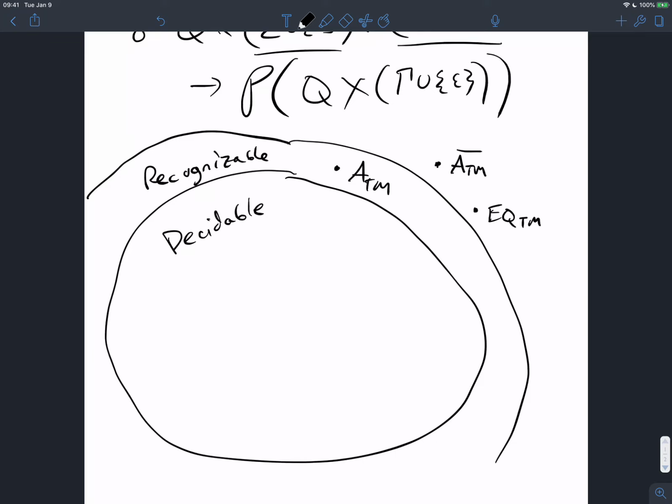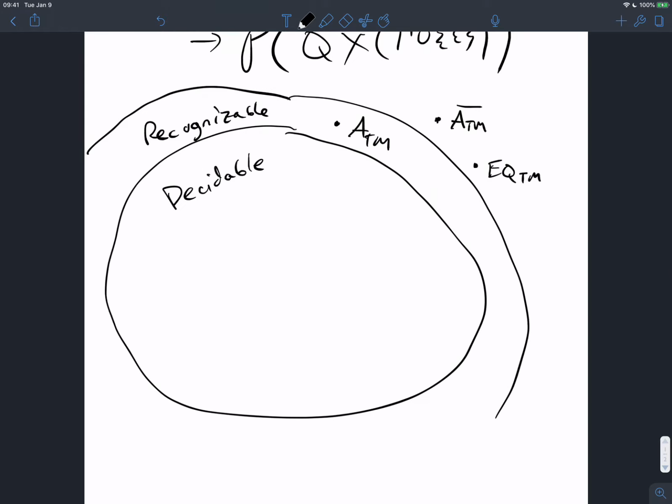By simplifying the model, we can get the problems to be tractable, or decidable. A_DFA, E_DFA, all of those problems we found were decidable. And what are the languages of DFAs? Regular languages. For that reason, every regular language is decidable.